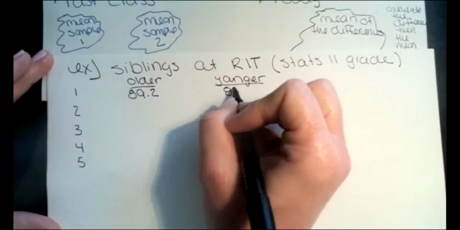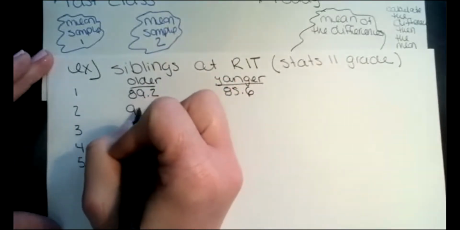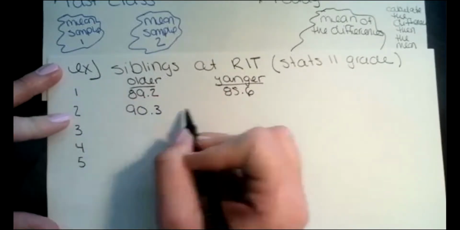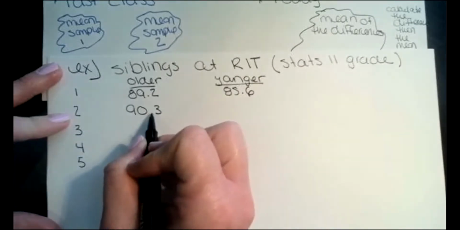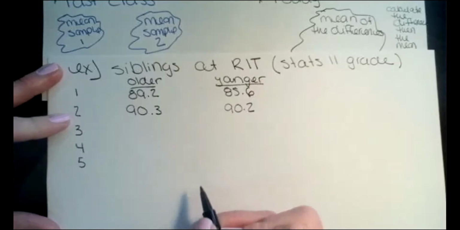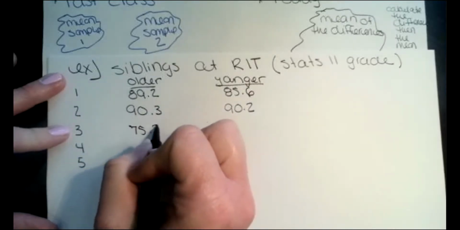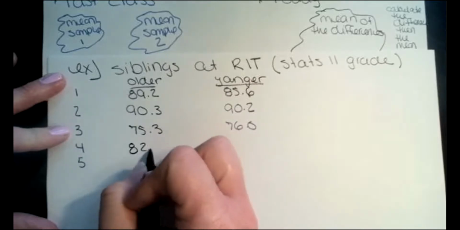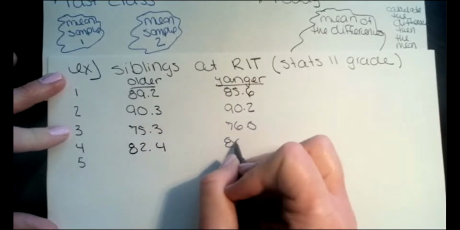I'm just making stuff up here. So maybe older sibling for row 2, and then the younger sibling, right? So these two are completely linked, had a 90.2, right? Something like this. I'm just going to fill in some numbers and we can kind of talk about this.